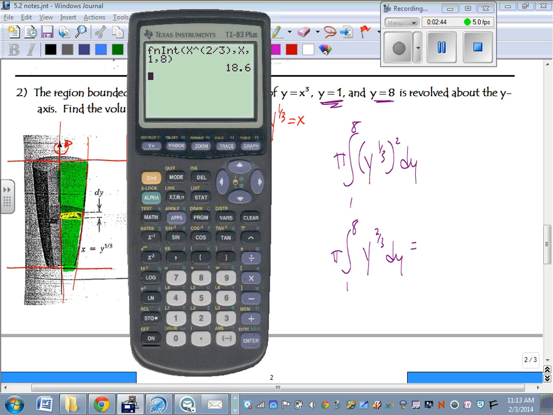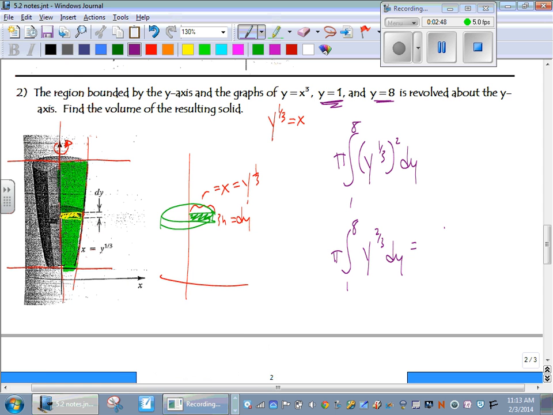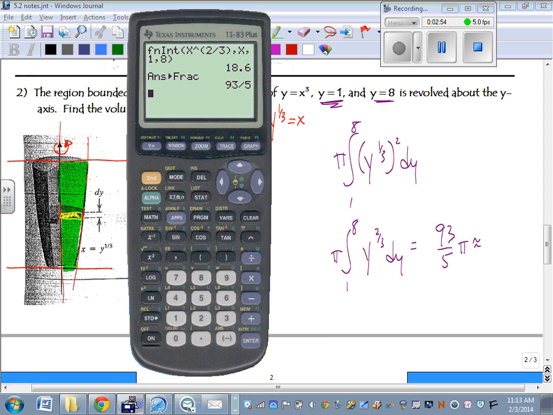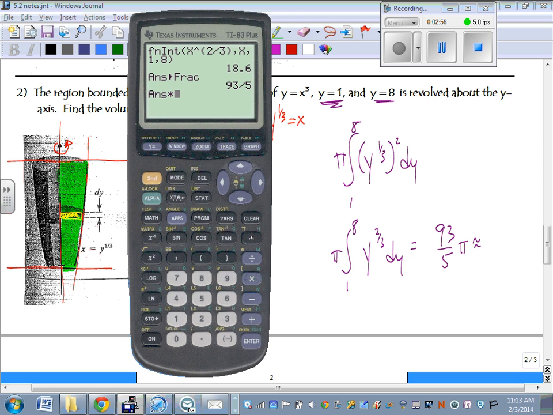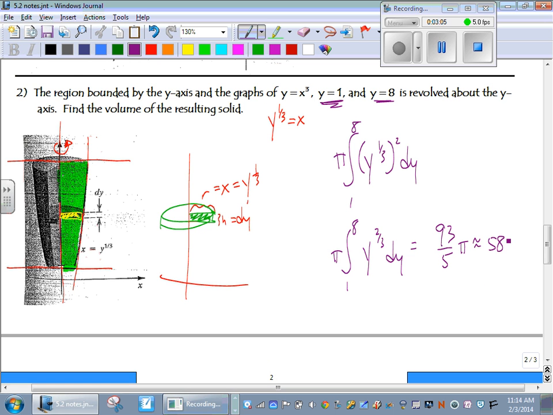So you should get 18.6. Don't forget the pi though, so it's 93/5 pi, or if we multiply that out, we get 58.434.